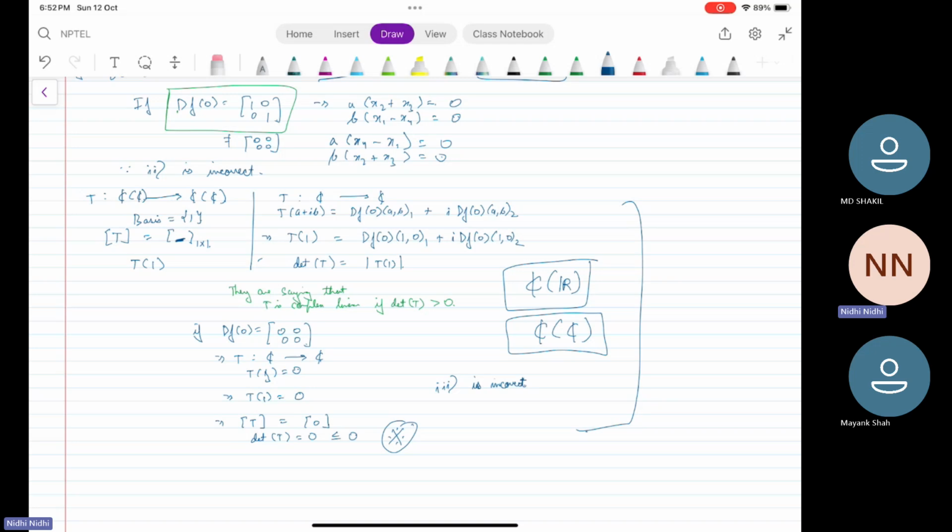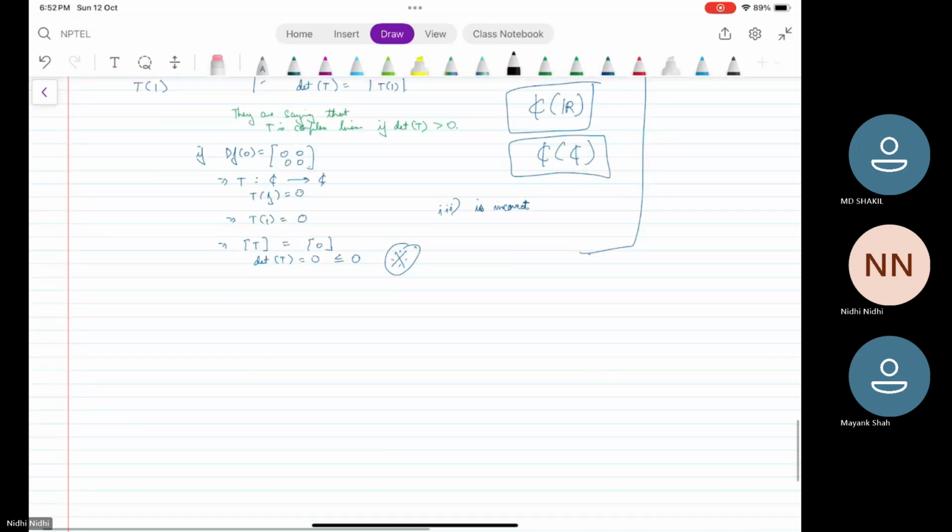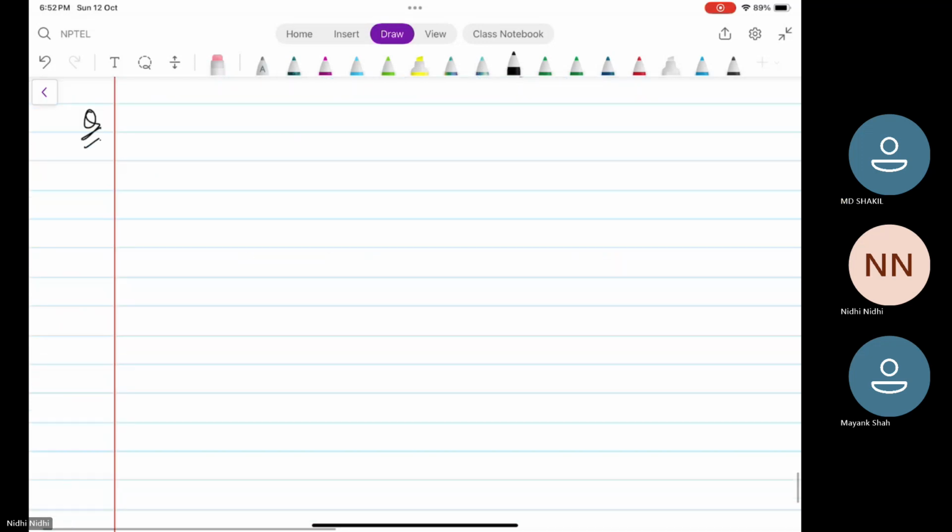Okay, next we have some application of the inverse function theorem. Which of the following statements are true?